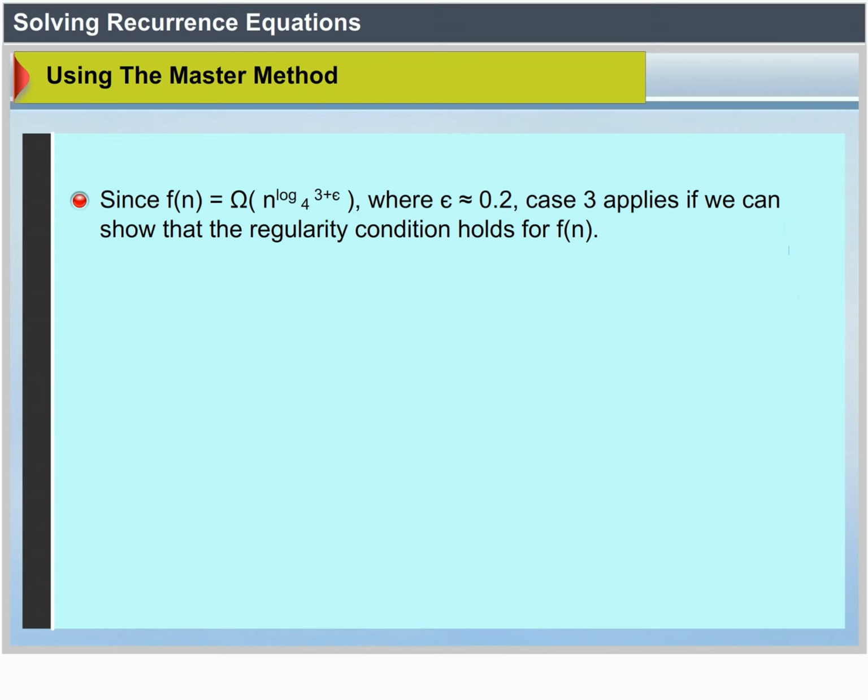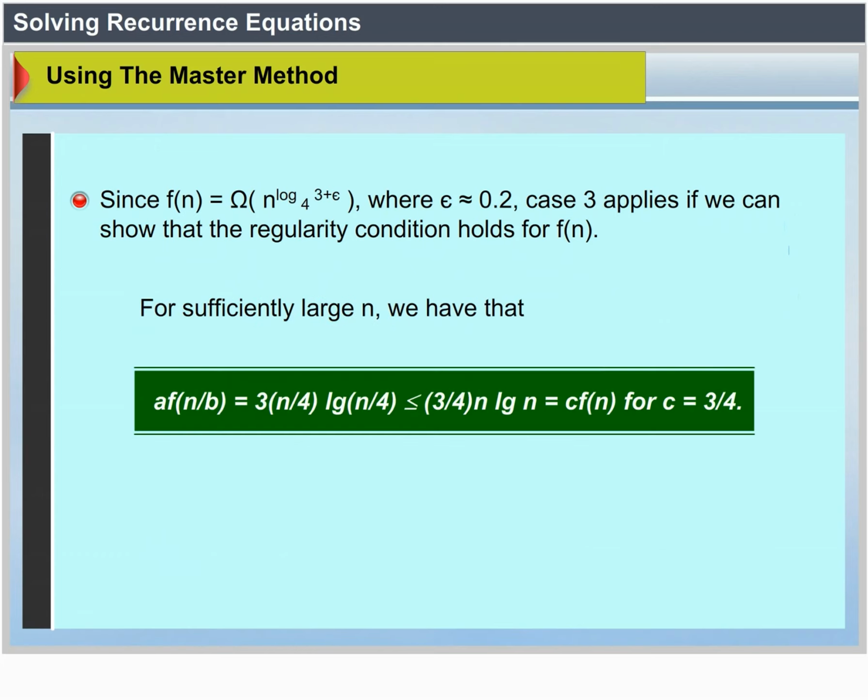For sufficiently large n, we have a f(n/b) = 3(n/4) log(n/4) ≤ (3/4) n log n = c f(n) for c = 3/4. Consequently, by case 3, the solution to the recurrence is T(n) = Θ(n log n).